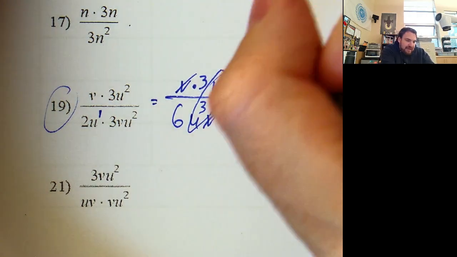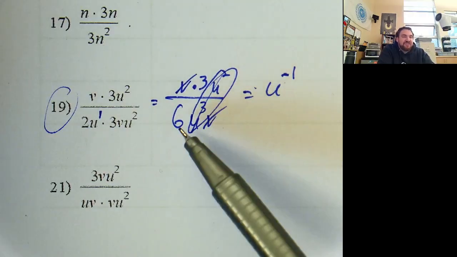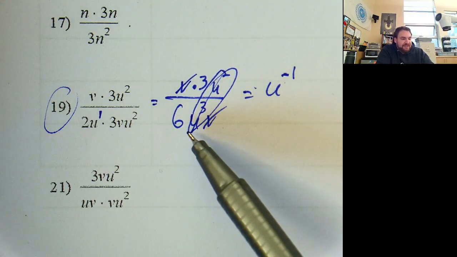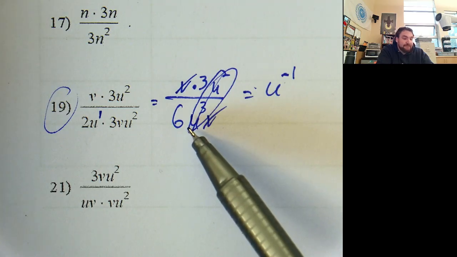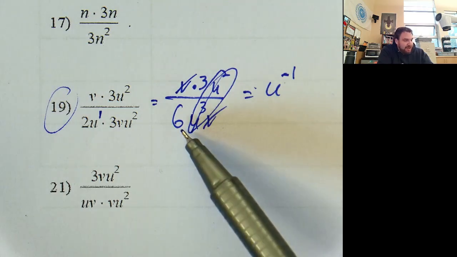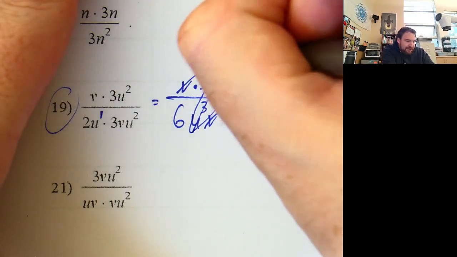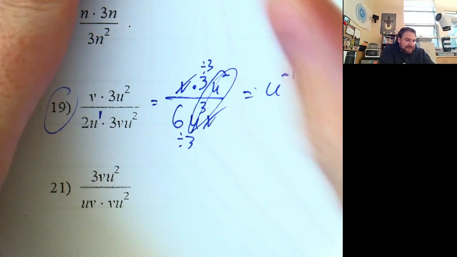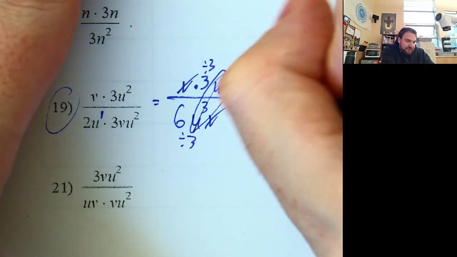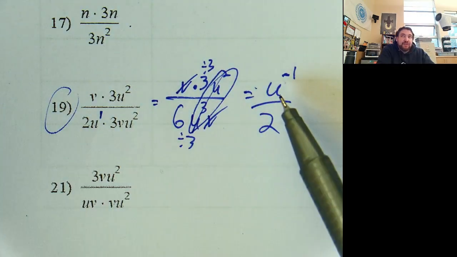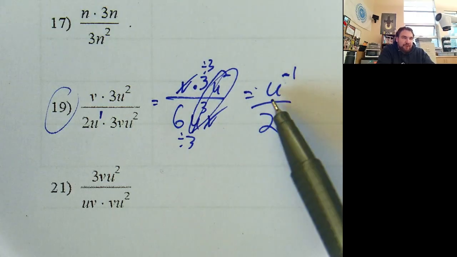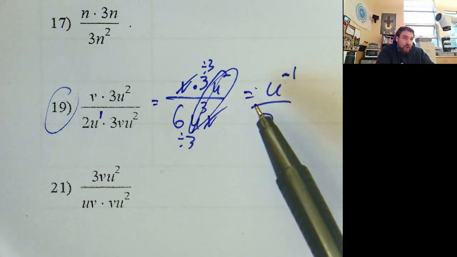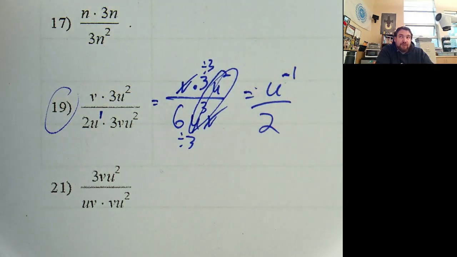Those are dealt with. And now I've got 3 over 6. 3 and 6 are both divisible by? 3. 3 divided by 3 is? 1. And 6 divided by 3 is? 2. And when I have something else written in the numerator, I don't need to put the 1 beside it. I could, but I don't have to. There you go. U to the negative 1 over 2.